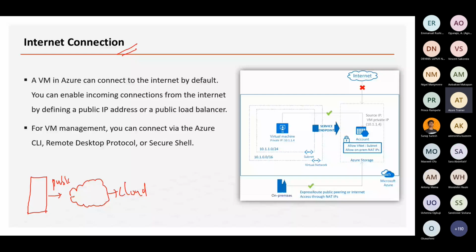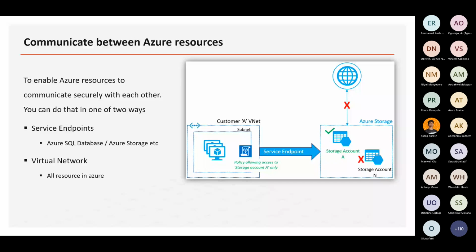Now if you're taking a network capability, by default all the resources, whether it is a SQL database, or a storage, or any resource available on Azure, by default all of these can communicate with each other. So by default you have the flexibility to communicate with each other with the help of a virtual network.